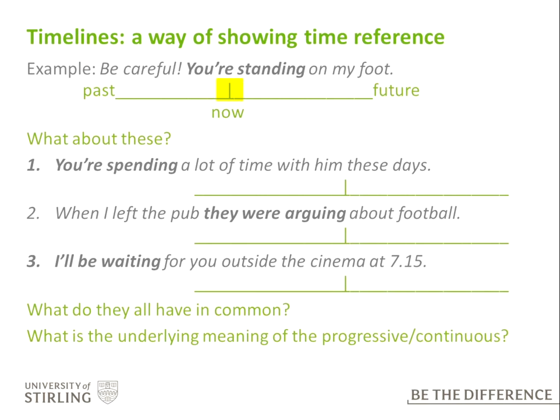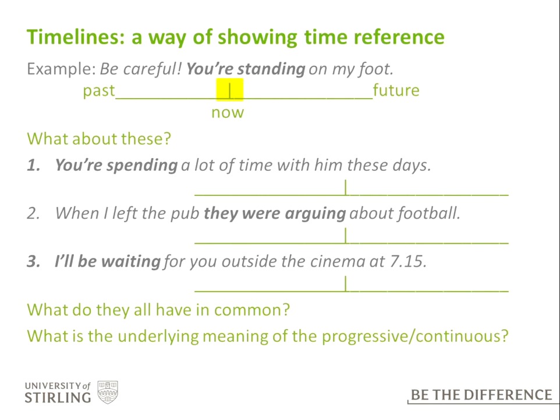Now, one way of teaching tense and aspect is the use of timelines, which can be easily drawn on the board. So here we've got a line going from the past to the future with a middle point now.